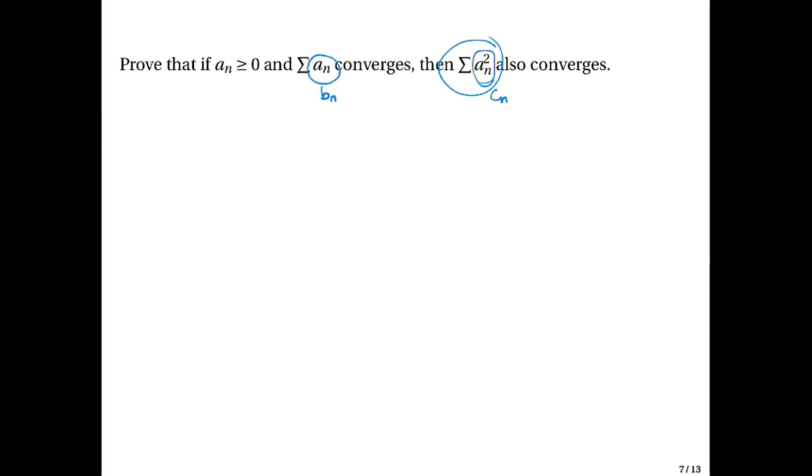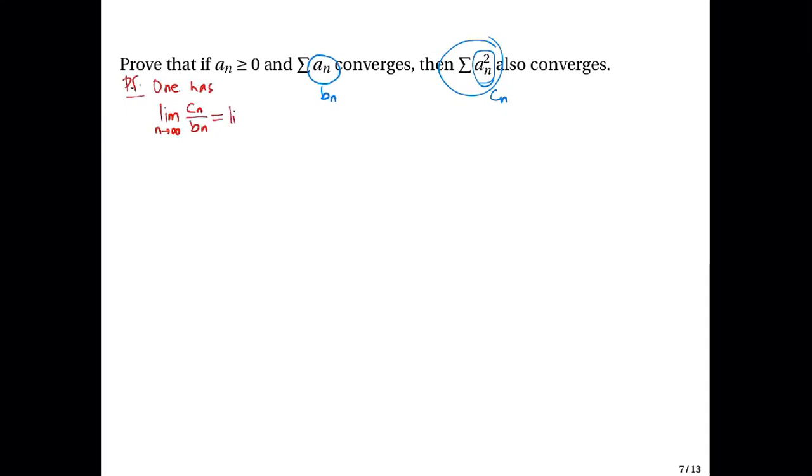So that what we're going to do is get the limit. Proof: one has the limit of Cn over Bn as n approaches infinity.